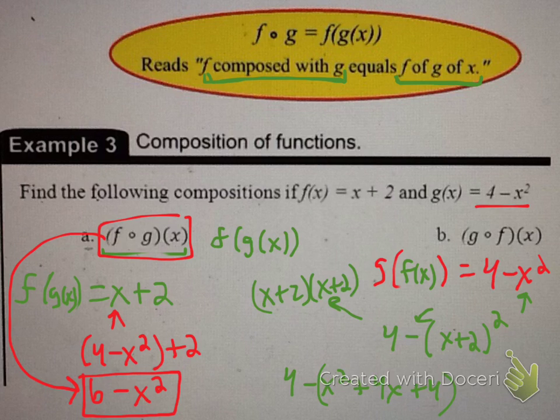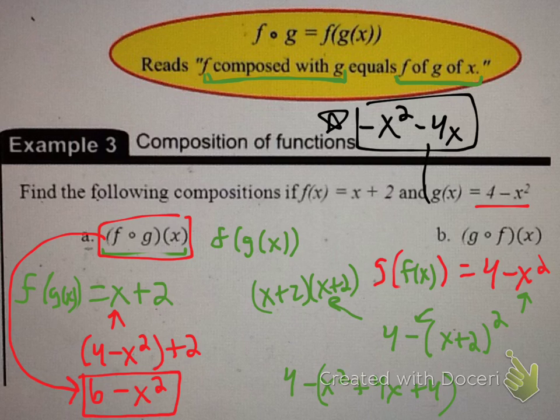And so, again, that's going to leave me with a negative x squared, and a negative 4x. And then 4 minus 4 is 0. So g o f of x, or g composed with f, equals negative x squared minus 4x.